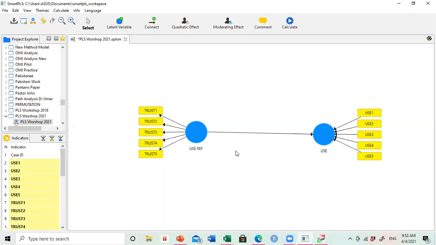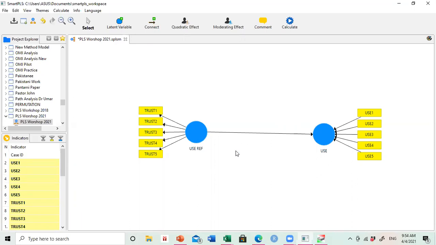The use is formative, and we want to test whether there is item redundancy, whether some of them are not working. Then we test the redundancy. We do redundancy analysis. In this redundancy, we try to relate the reflective items to the formative items.